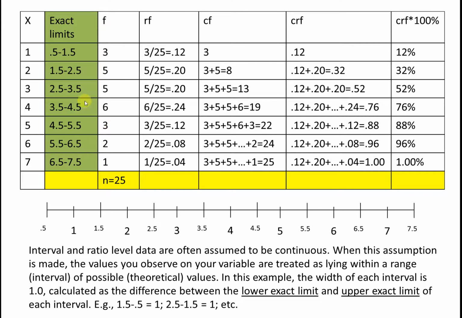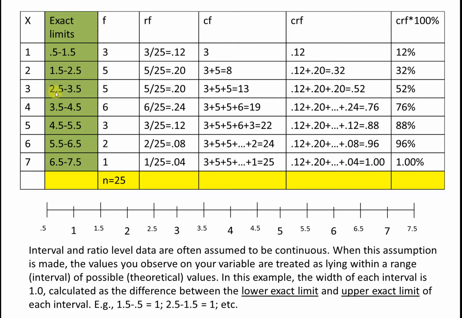In other words, with enough measurement precision, we could get down to very fine gradations in the values that would be observed on X. So the values you observe in your data set are placeholders for values that could fall within certain ranges, given enough measurement precision.